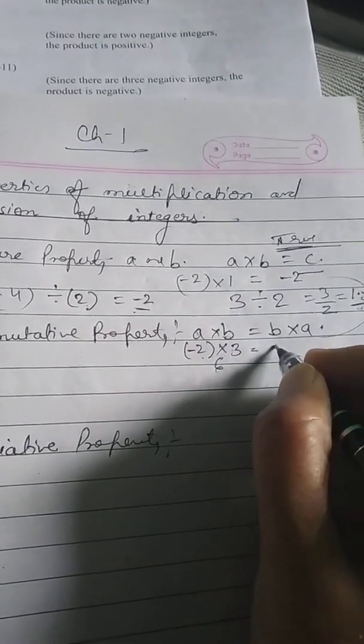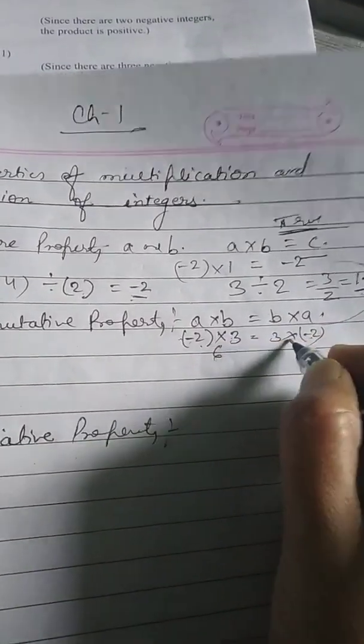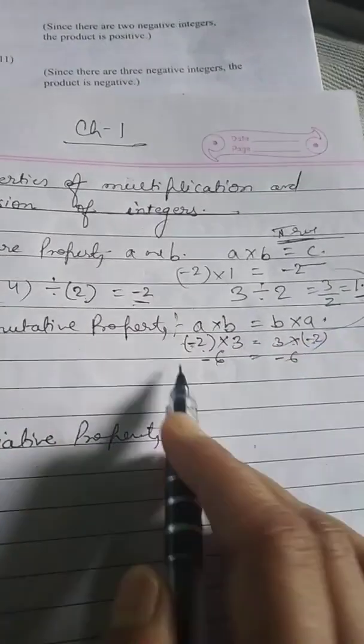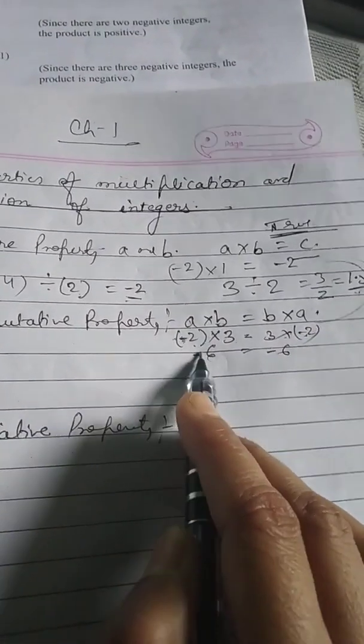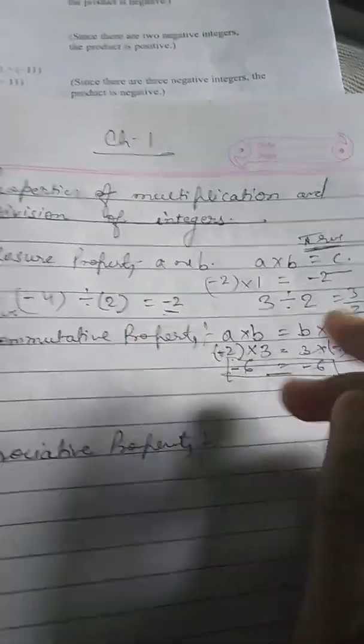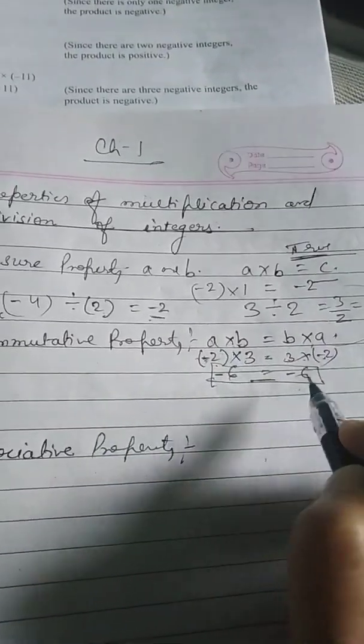And suppose b is 3 and a is minus 2, so 3 twos are 6, and here also 3 twos are minus 6 because it is minus times plus. Okay, so both are equal here. So commutative property for multiplication is true.